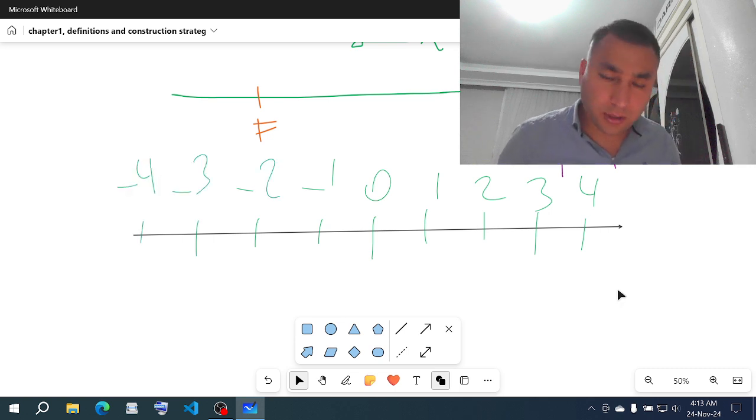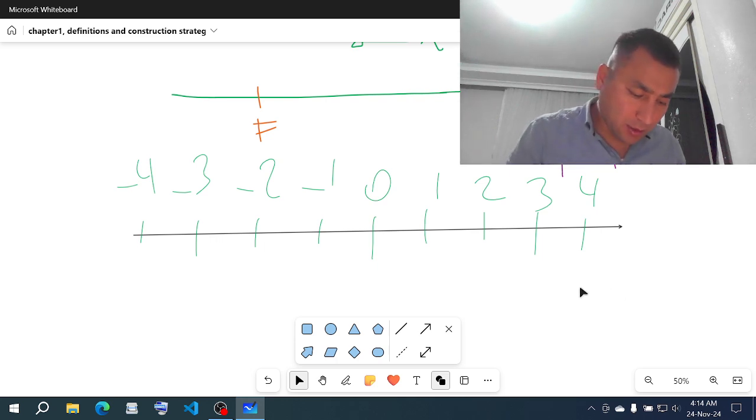It goes on like that. And we have 2 points on it, P and Q, let's say -1 and 3. So we have P on -1 and Q on 3.